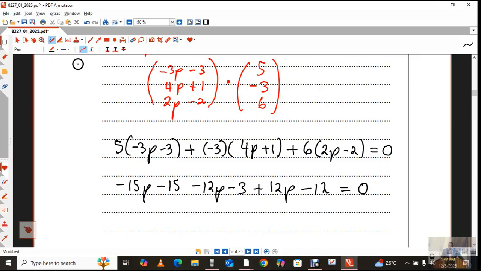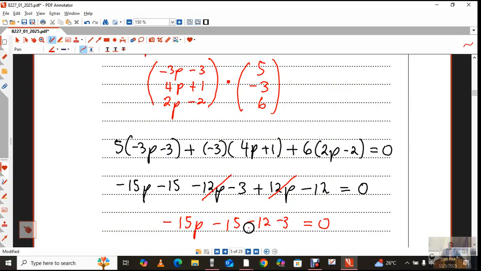Well, we are seeing that certain terms are cancelling. The negative 12p and the positive 12p cancel. And that is going to leave me with minus 15p minus 15 minus 12 minus 3, equals 0.